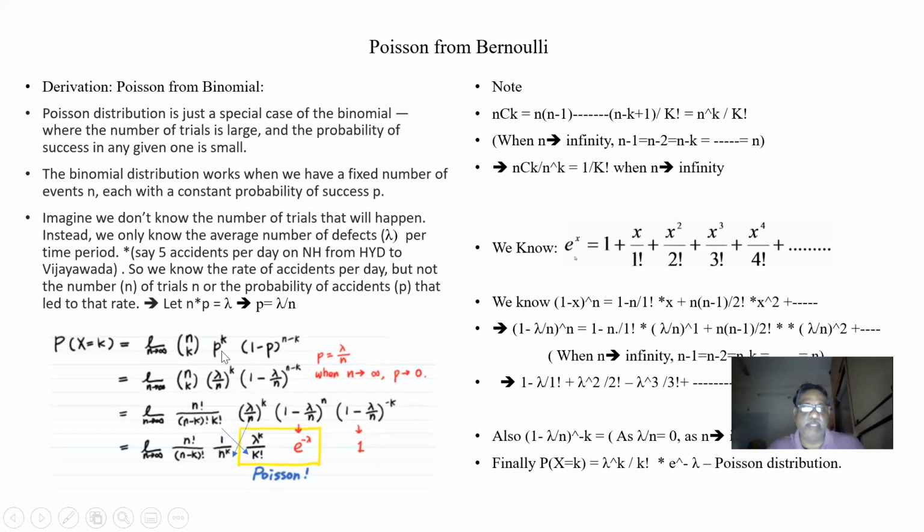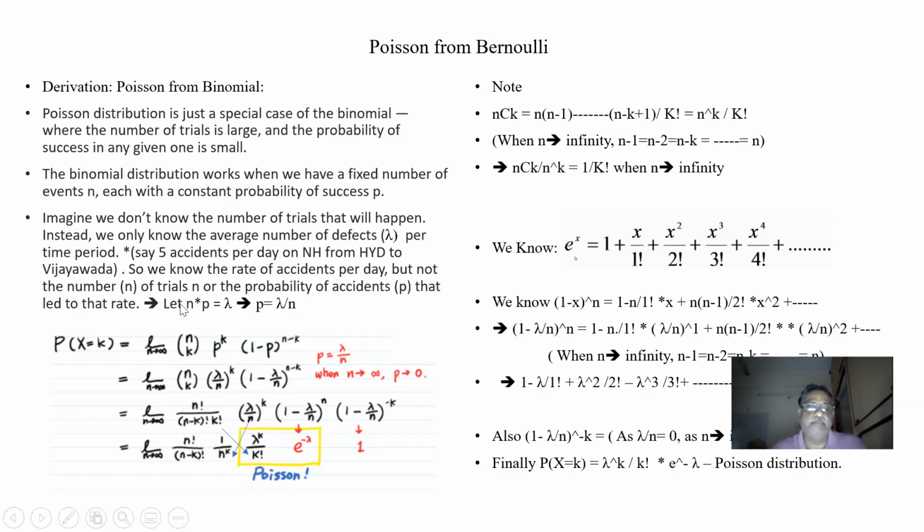So I'm expanding this, n factorial by k factorial, n minus k factorial into p. Suppose there are lambda accidents happening, the rate of accidents per day, but the number is not known. The probability is not known. If n is the number and the probability is p, then n into p is lambda. Say 10 accidents happen, probability is 0.1.